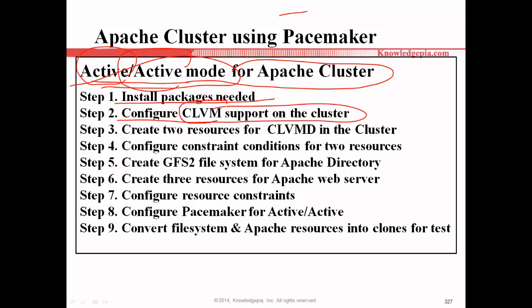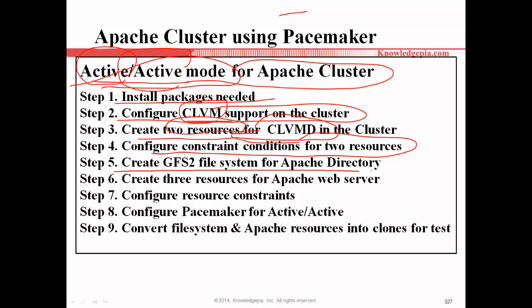GFS2 must run on CLVM, and we create two resources for CLVM. So if we want CLVM, we need to create the two resources first. Step 4, configure the constraint conditions for the two resources, meaning DLM and CLVMD.